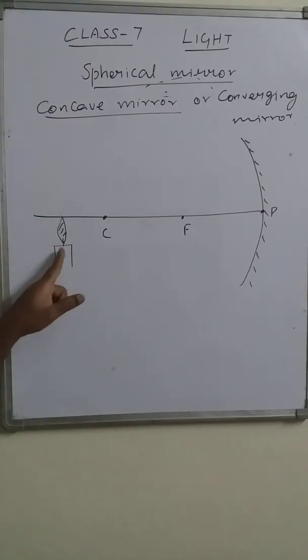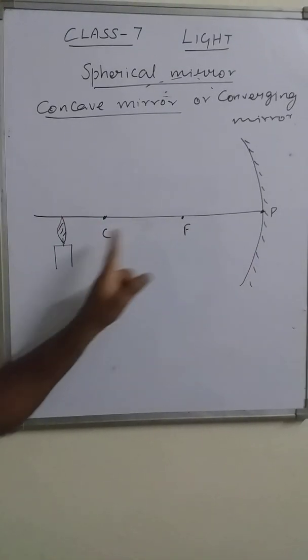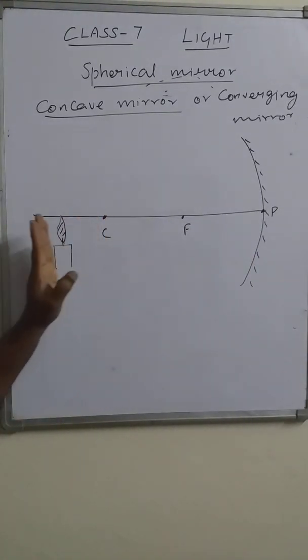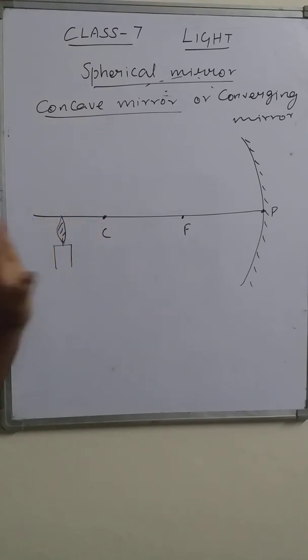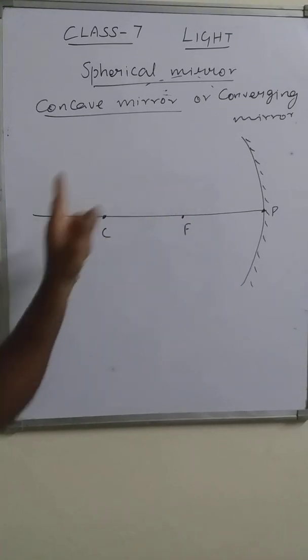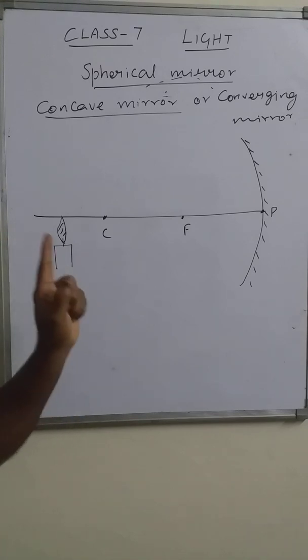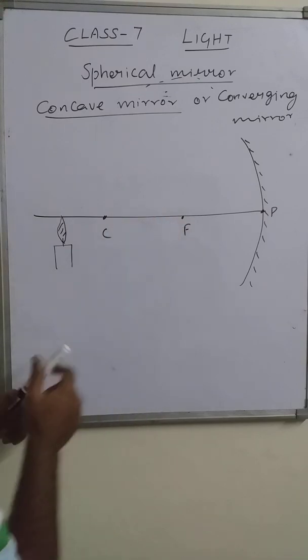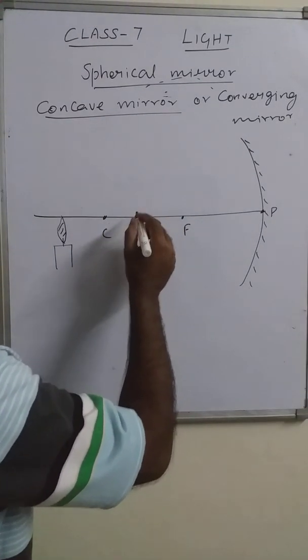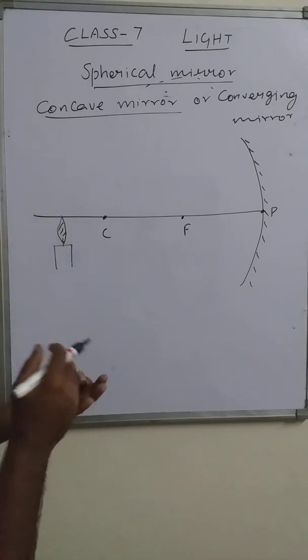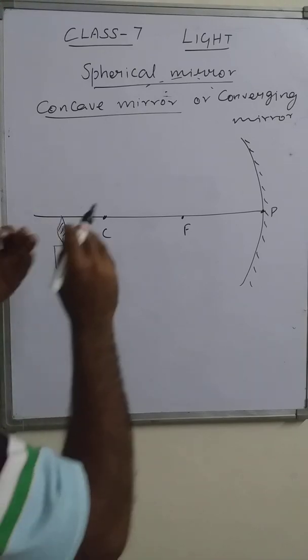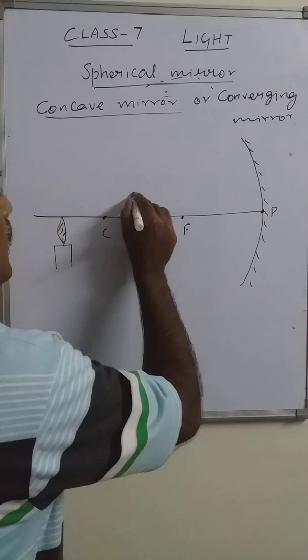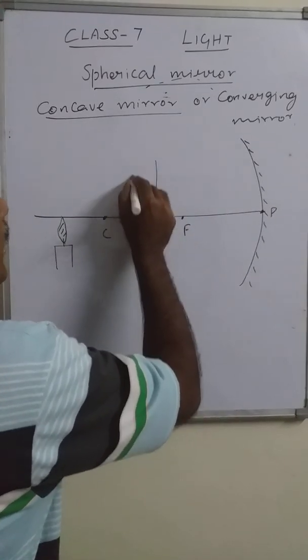Now this candle is placed closer to the mirror, but just behind the center of curvature. For this position of the candle, the image will be formed in between these. That means the flame of the candle will appear in this way. So this is the image of that candle flame.